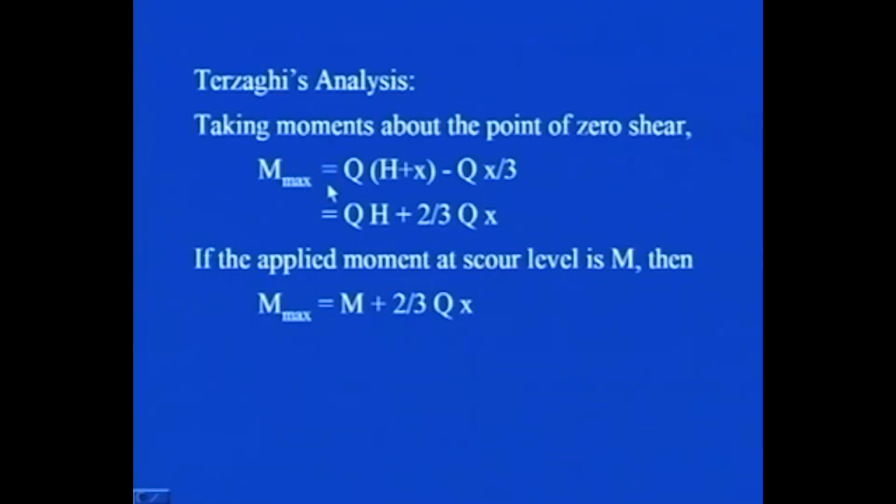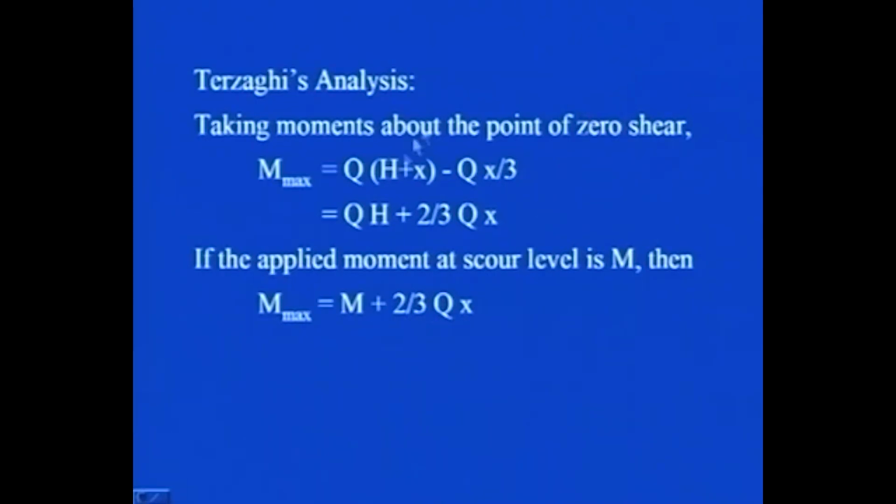So M maximum you can obtain as Q(h plus x) minus Qx by 3, which results in this expression: Q h plus 2 by 3 Q x. If the applied moment at the scour level is M, then M max will be M plus 2 by 3 Q x.